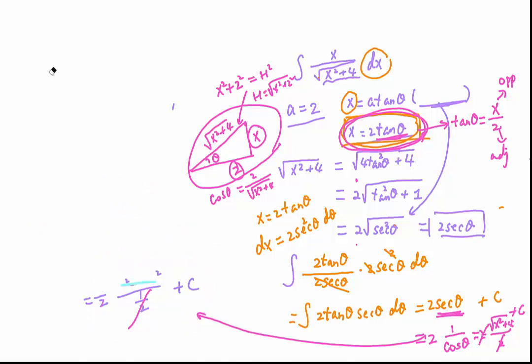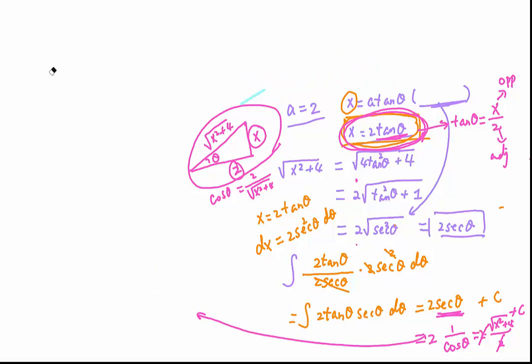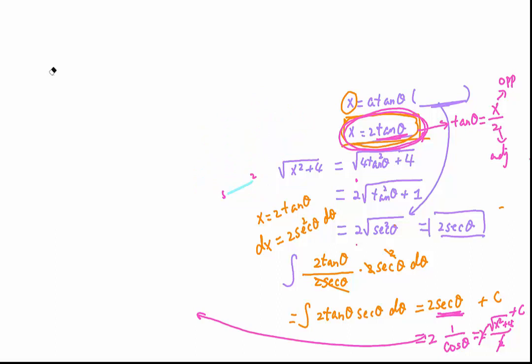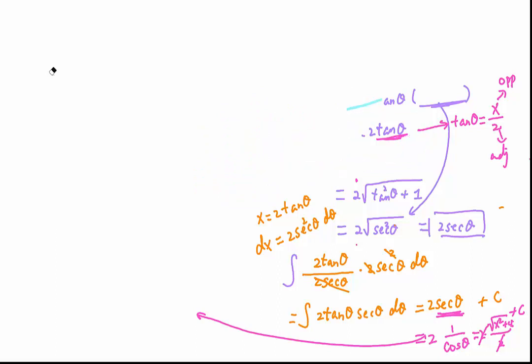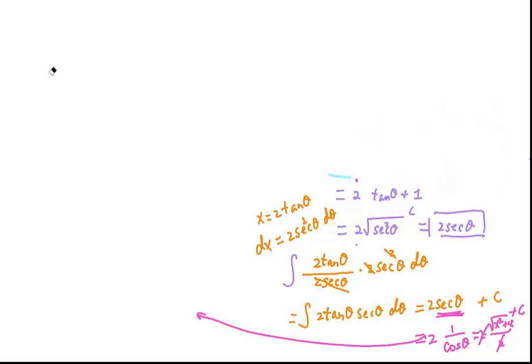So the trig substitution will be on your final, right? It's not going to be on your second exam. So on what problems do we have to use trig substitution? That's what we're going to discuss right now. So this example, we tried both methods. Of course, we know the U prime is better.